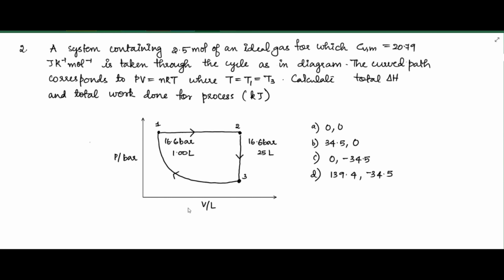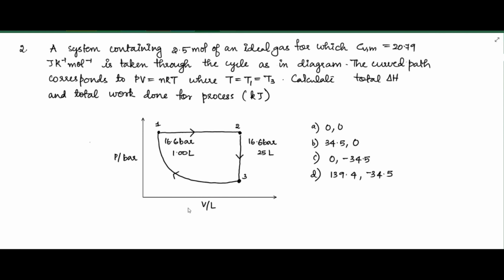It goes through a cycle, which is shown in the diagram, and the curved path corresponds to PV equal to nRT, and they have said T1 equals T3. You have to calculate the total delta H and total work done for this process.